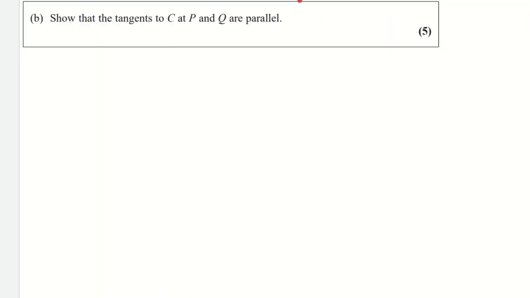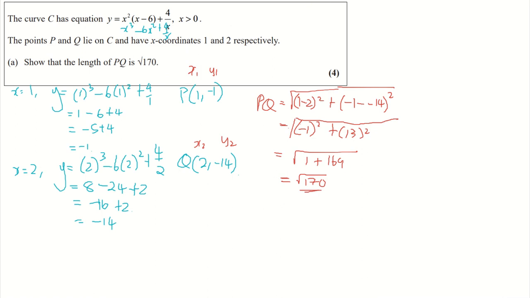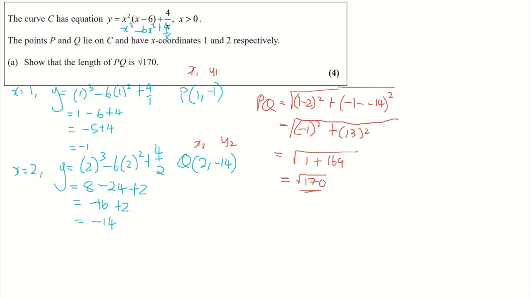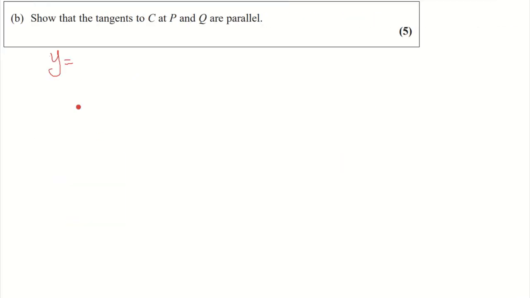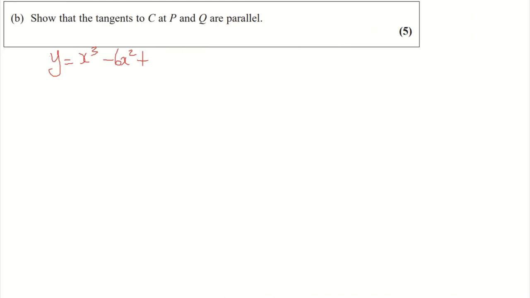To find the tangent, when we differentiate a curve, the gradient that you're getting is the tangent gradient. So let's write down the equation of the curve. y equals x cubed minus 6x squared plus 4 over x, but I'm going to change it to 4x to the power of negative 1.